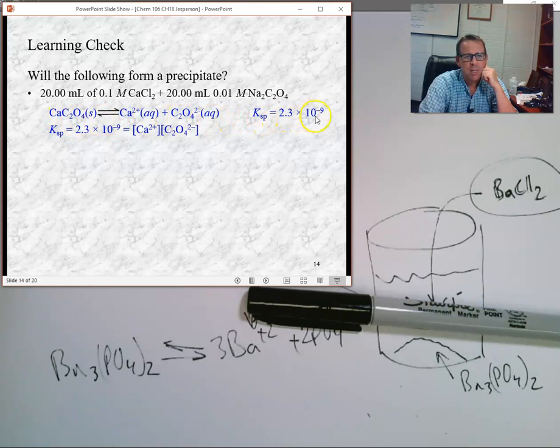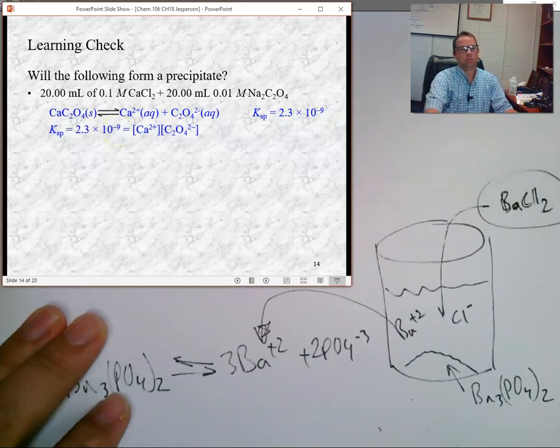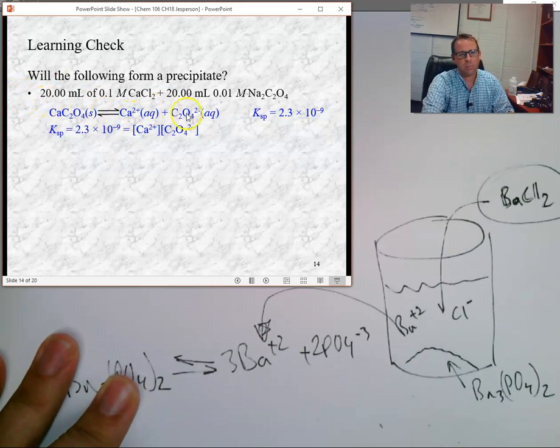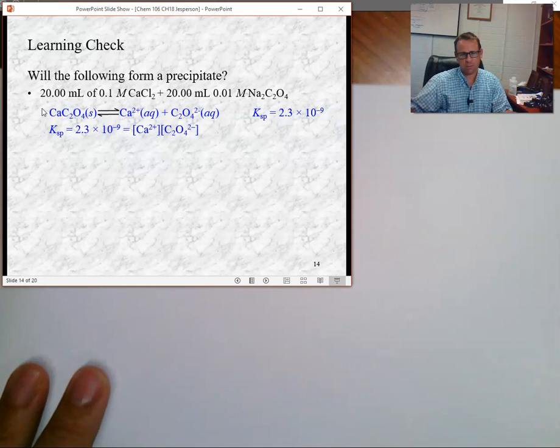is 2.3 times 10 to the minus 9, and therefore, at equilibrium, the concentration of calcium times the concentration of carboxylate, if it equals 2.3 times 10 to the minus 9, then you'll get precipitate forming, or, right, you'll get the products here going towards the reactant.